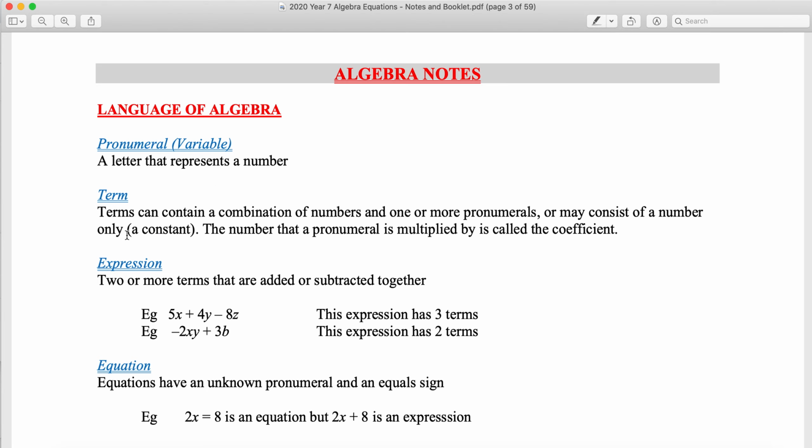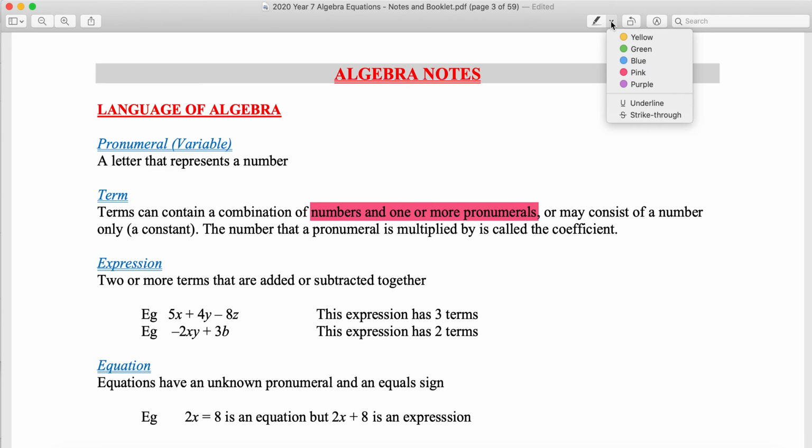Wonderful. Terms. Terms can contain a combination of numbers, one or more pronumerals, or may consist of only a number. Oh, it's not highlighted. Highlight in pink. So it can be a combination of numbers and pronumerals, there you go.